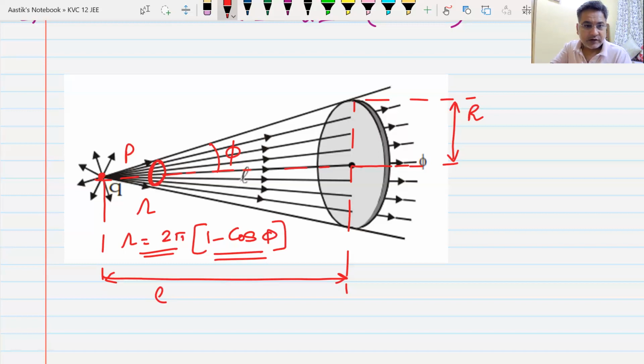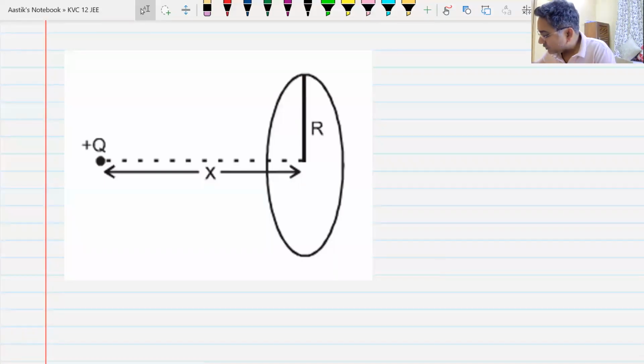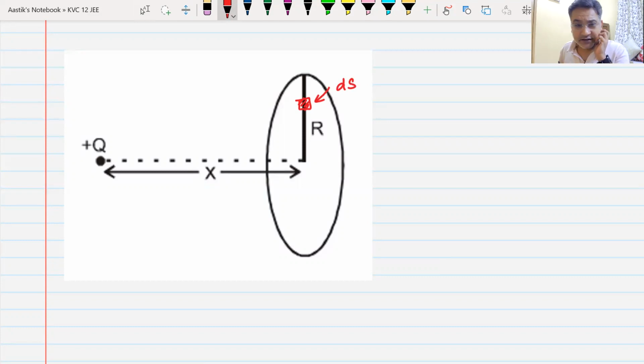Now, how do I find this solid angle? I'll tell you with this diagram. I'm going to take a small area dS here.